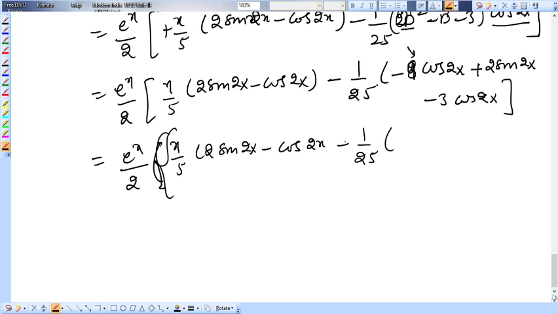If I take it common, so we get 1 over 25, 8 and 3, 11 cos 2x minus 2 sin 2x. Okay, so this is your particular integral, right? This is your particular integral.